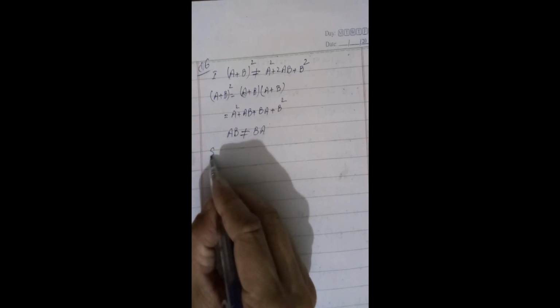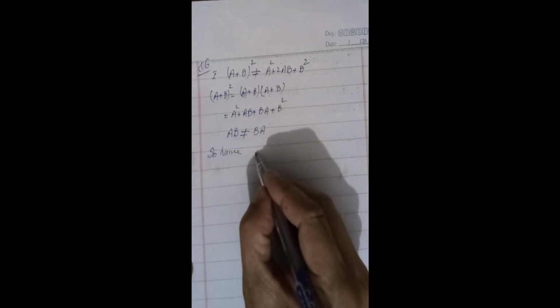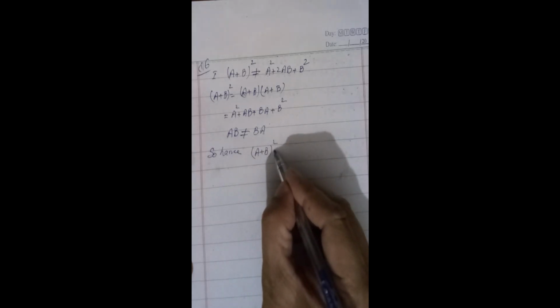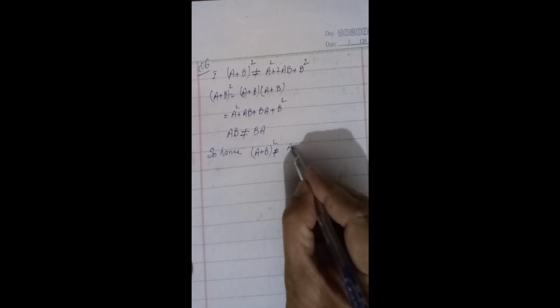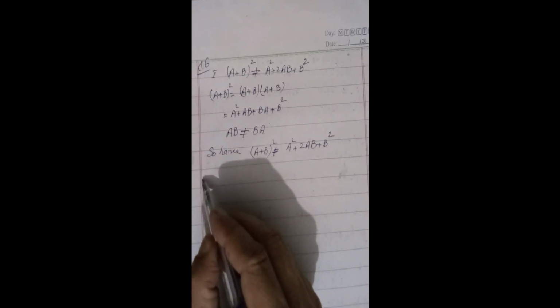So hence (a plus b) whole square is not equal to a square plus 2ab plus b square. This is the first part of the question 6.